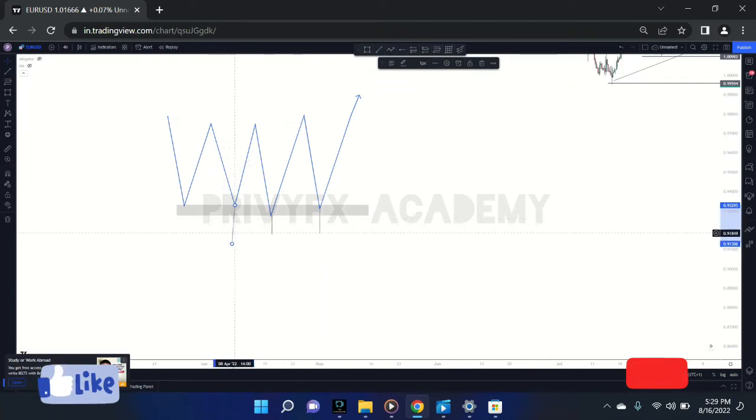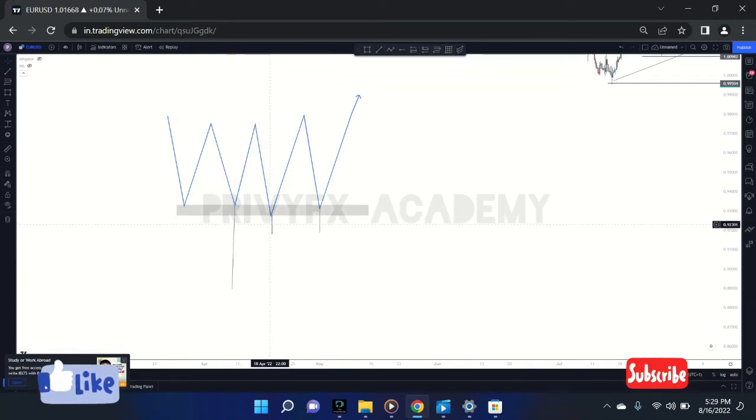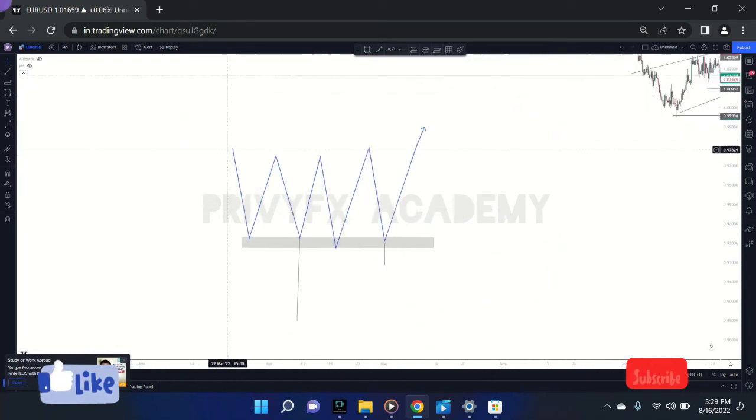The wicks of the candle can actually go as far as they want, as long as they want. But for the fact the candle does not close below, then it is a support or a resistance area. And we'll get to the live chart and I'll show you also.